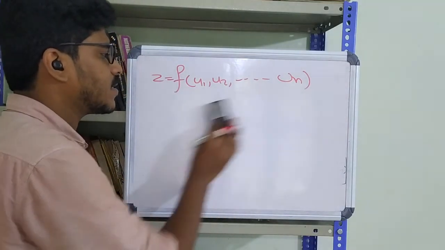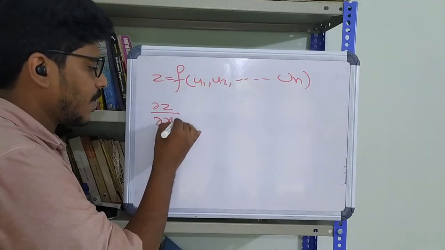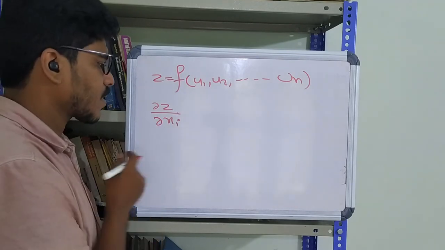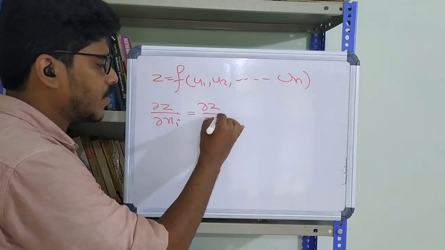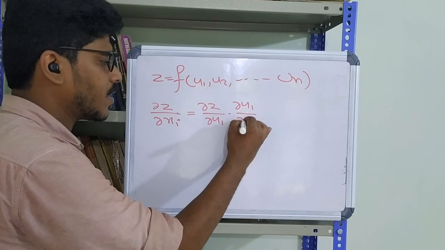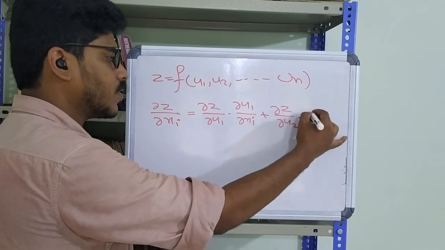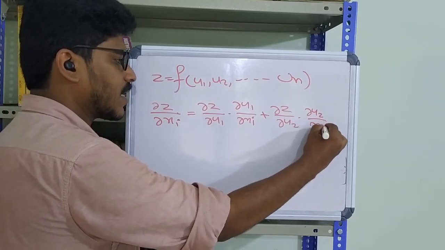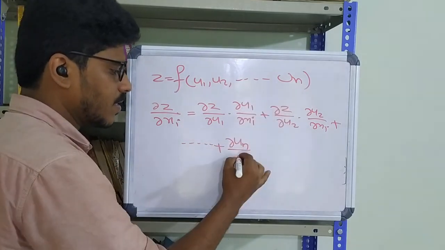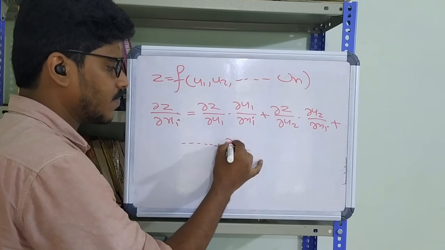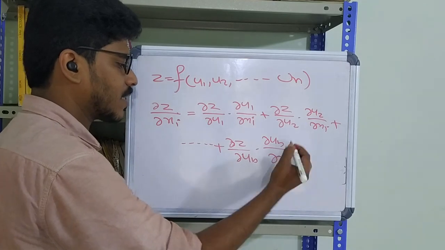If it is the situation, the partial derivative of z with respect to an x, say xi, can be found as ∂z/∂u1 into ∂u1/∂xi plus ∂z/∂u2 into ∂u2/∂xi plus etc., plus ∂z/∂un into ∂un/∂xi.